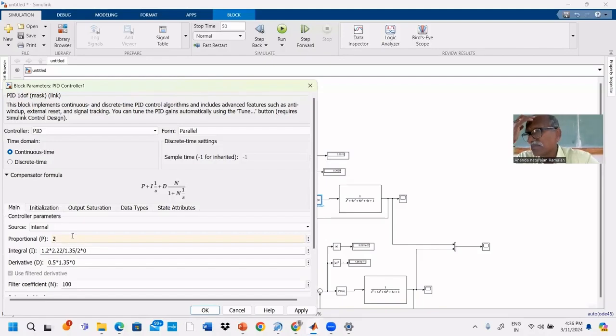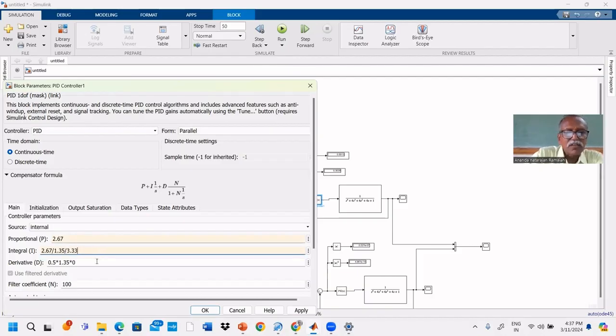1.35 multiplied by 1.2. How much? 2.2. 2.67. Okay. Here, 2.67 divided by TI equals how much? 1.35 multiplied by 3.33.